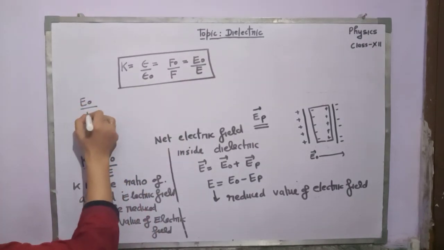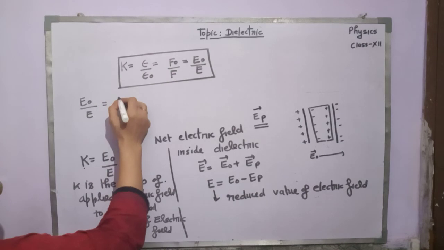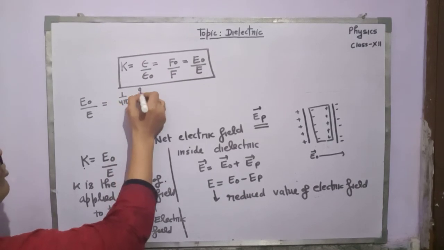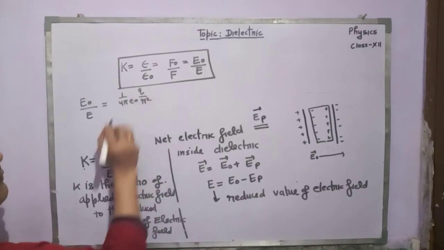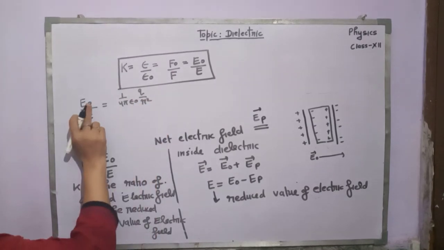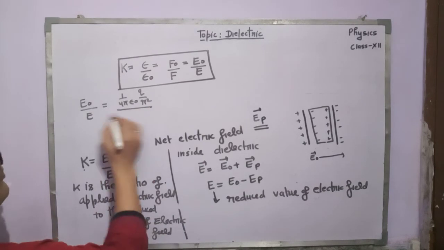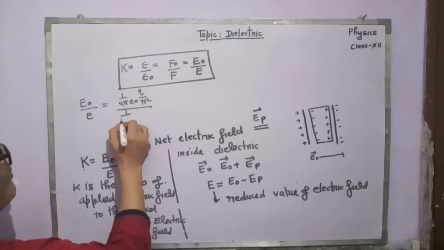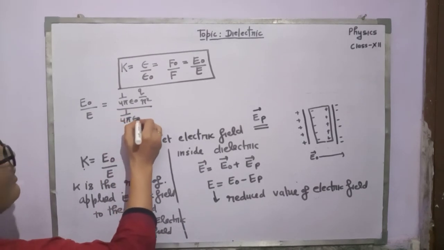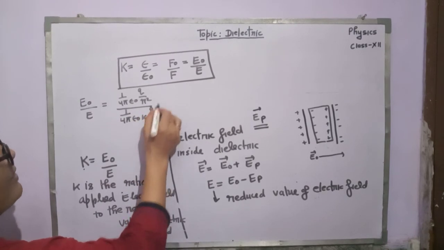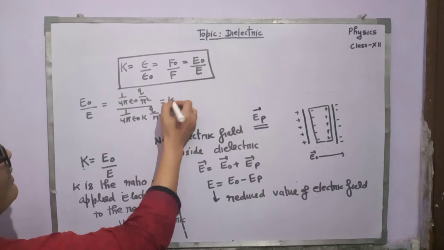Due to the point charge, you can say here 1 upon 4 pi epsilon naught Q upon R square. Here vacuum or free space is there. Now in terms of the medium, you can say here 1 upon 4 pi epsilon naught K, K is the dielectric constant, Q upon R square. All these cancel out and we get here K.